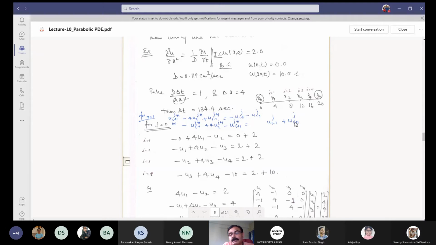So if you see the second variable, ui plus 1 j, for I equal to 4 it will be u5 0. u5 is boundary condition and j equal to 0 is the initial condition. So it is both variables. So we should take the average. That will be your 10 plus your 2, that is your average is 6. So instead of 10, here it will be 6. So make this correction.